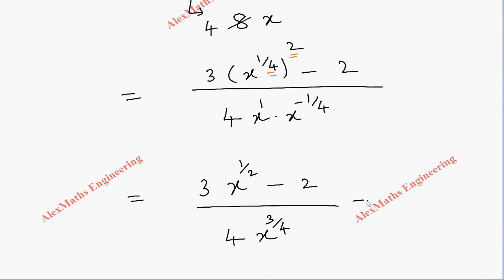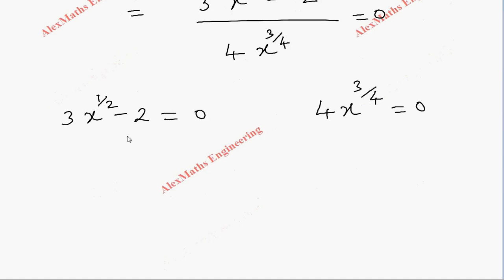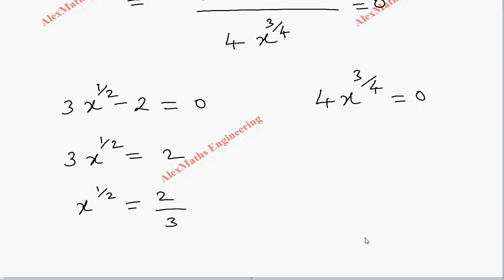After this we will equate to 0, and separately we equate the numerator to 0 and denominator to 0. From this we get 3 x power 1 by 2 equal to 2. X power 1 by 2 is equal to 2 by 3, and we have to square on both the sides.